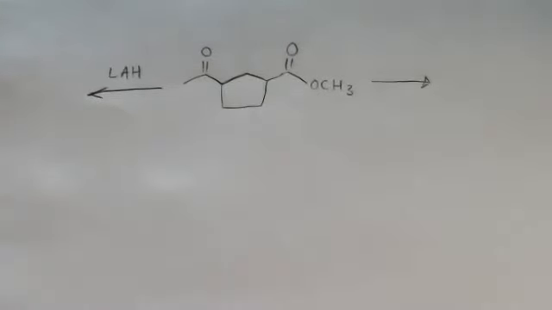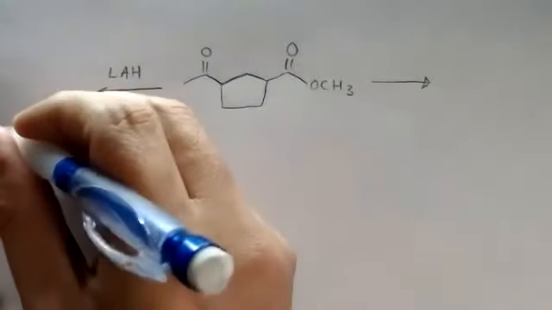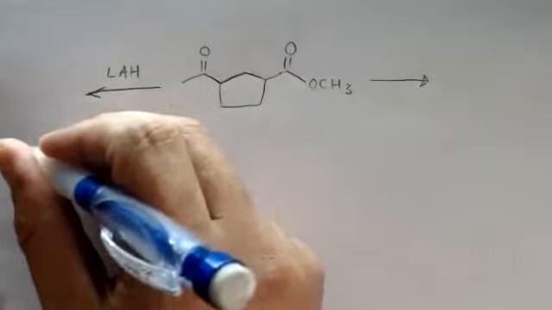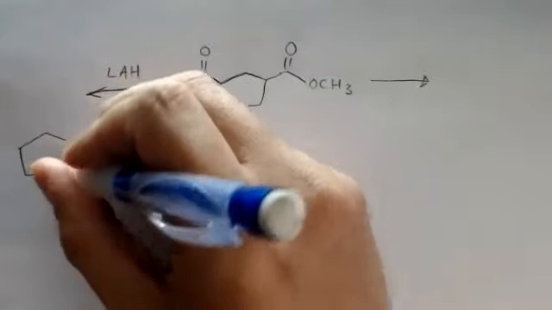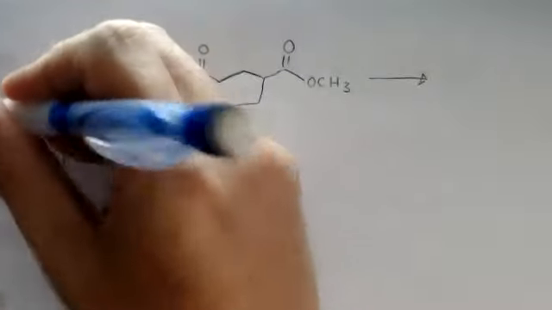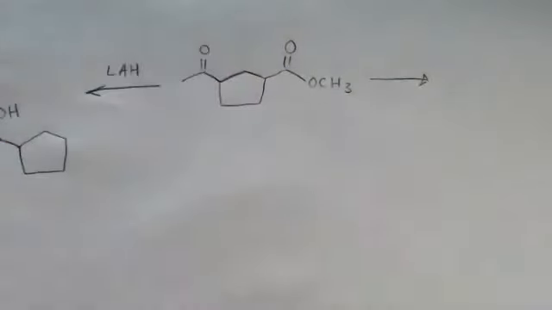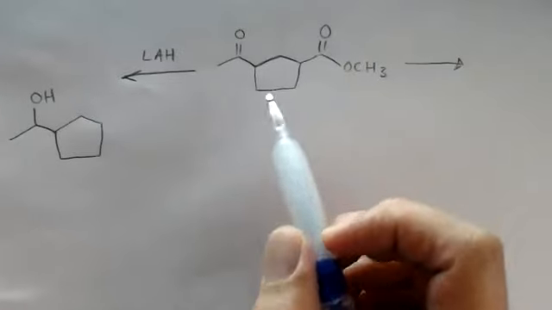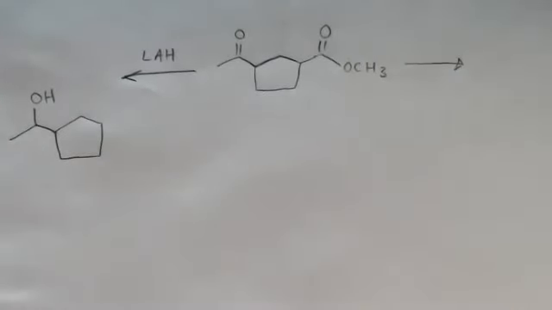What do you guys think it's gonna do? This reagent, what does it do? LAH. Alcohols. One alcohol instead of a ketone on the left, and the other one is an alcohol too, I think. Yep, so the thing you want to think about when you have reducing agents is whether it's going to be strong enough, the stronger or weaker one.